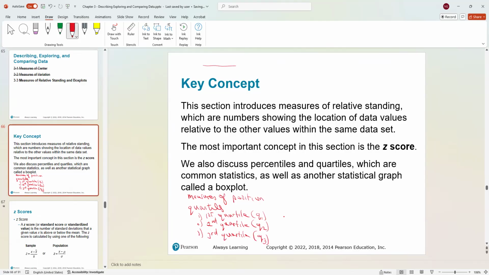When you have a big data set, let's suppose your data is an ordered list, organized from the smallest to the largest.